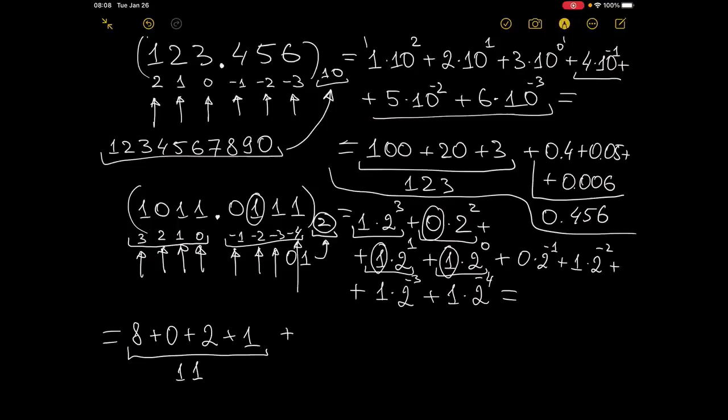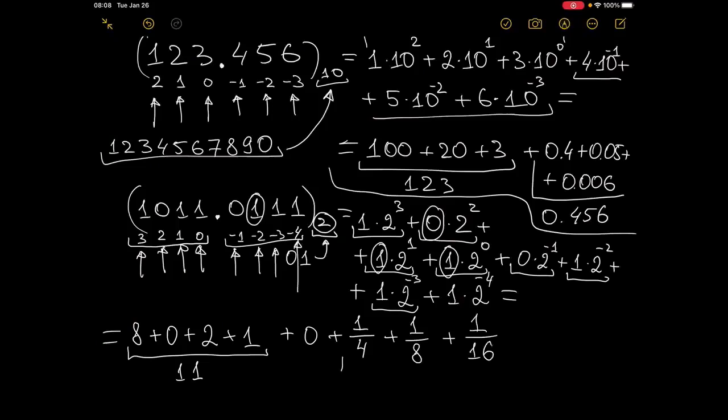Plus the fractional part. So here 0, here 1 multiplied by 1 over 2 to the power 2. So it will be 1/4 plus 1/8 plus 1/16.